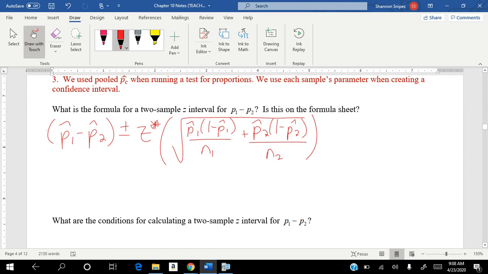So that is the specific formula for a two-sample Z interval.